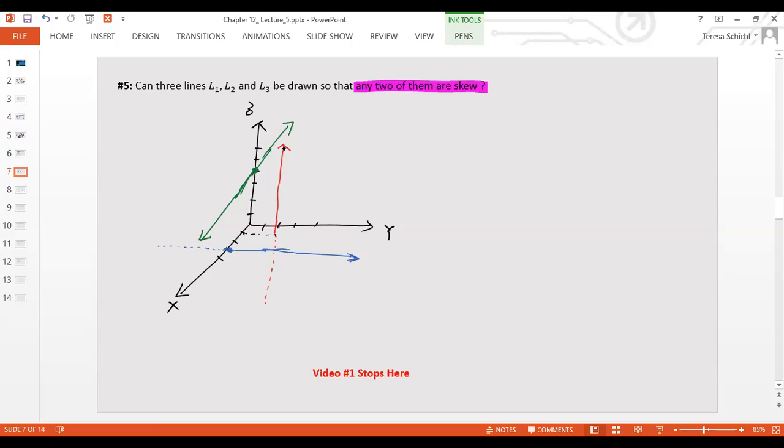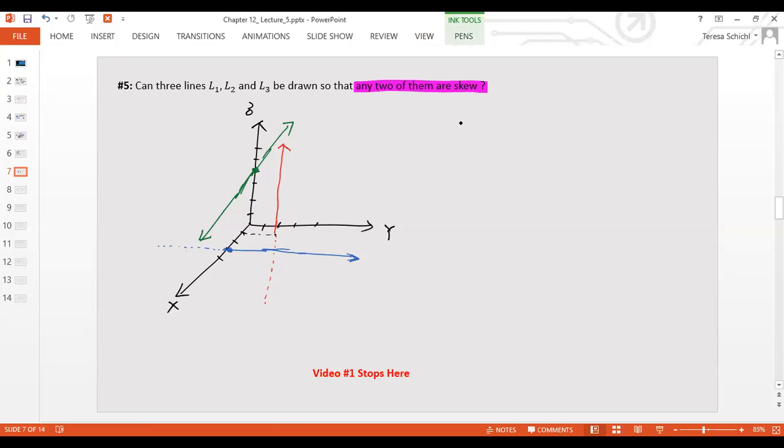Okay, that's it. Right now we're going to stop here, so we know how to write a line in R3. As a refresher, what do we learn? We have three forms: the vector form, the parametric form, and the symmetric form.